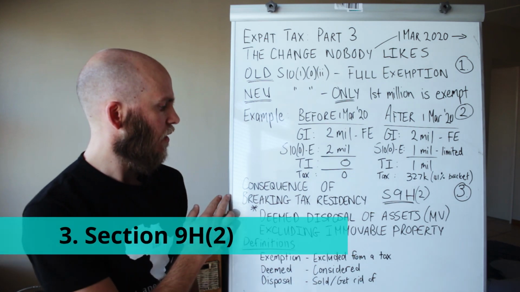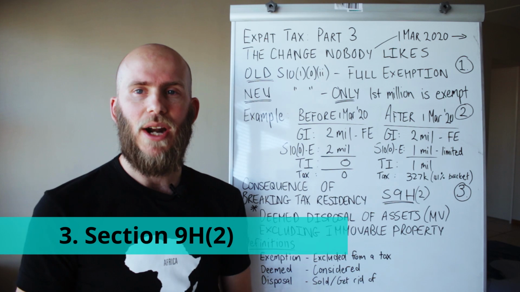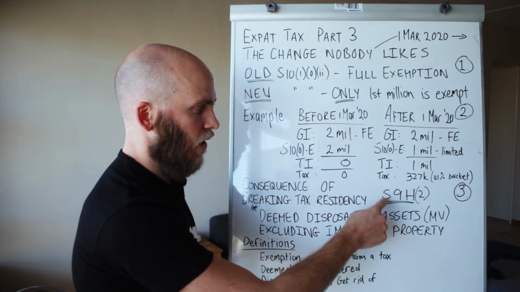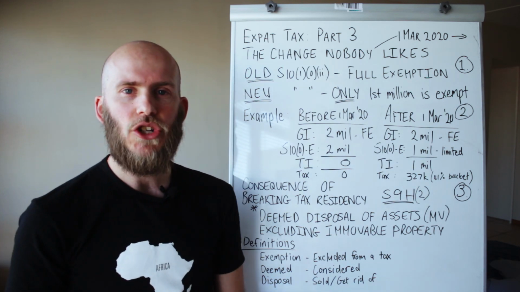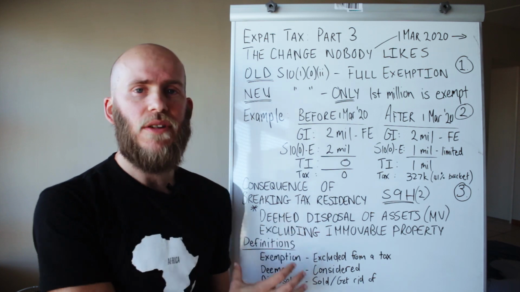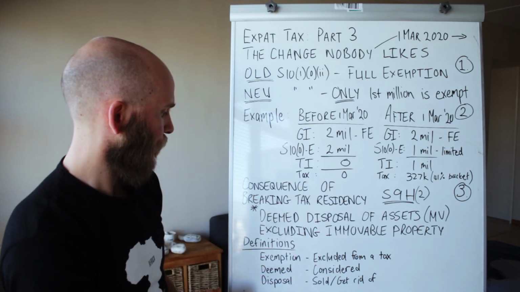Right, so that is the example. And now, thirdly, we're going to go quickly over the consequence of breaking tax residency. The big consequence of that is found in section 9H(2) of the Income Tax Act. And I'm dealing specifically here with individuals, natural persons.